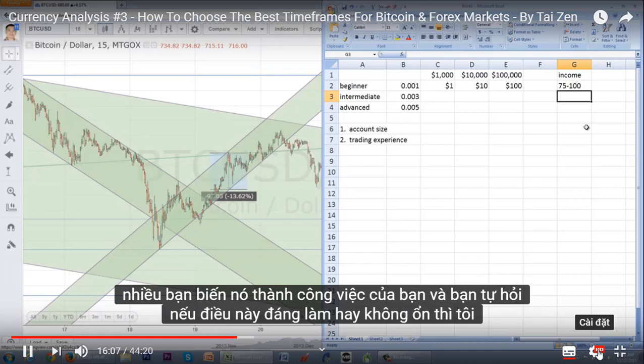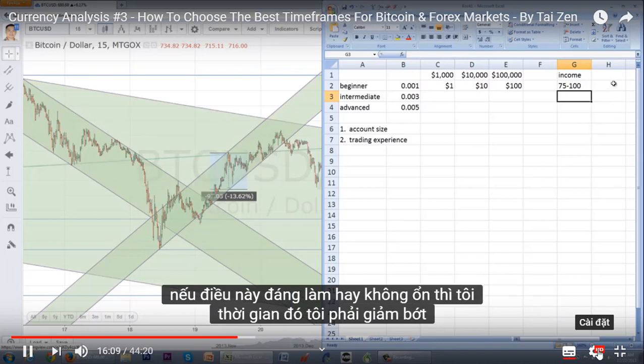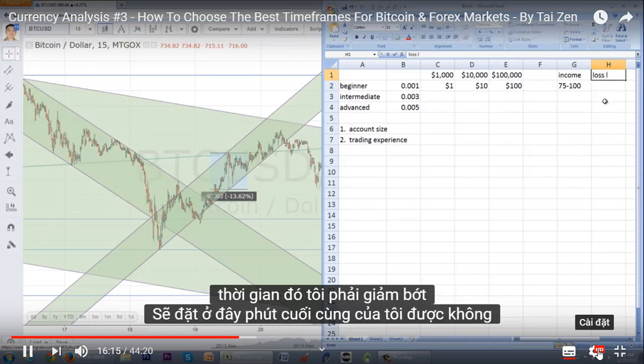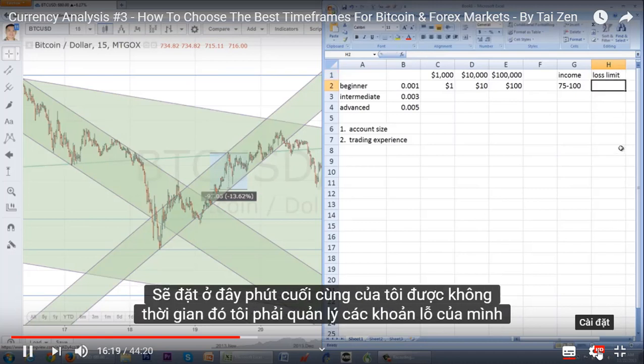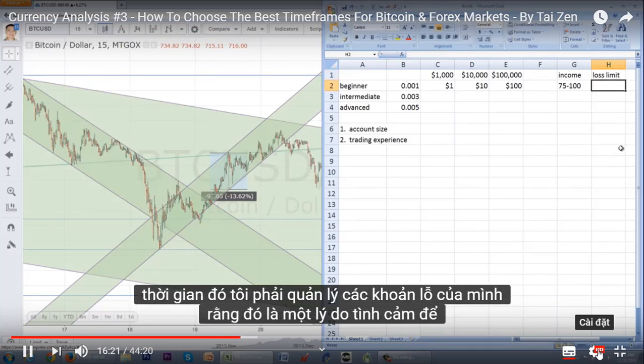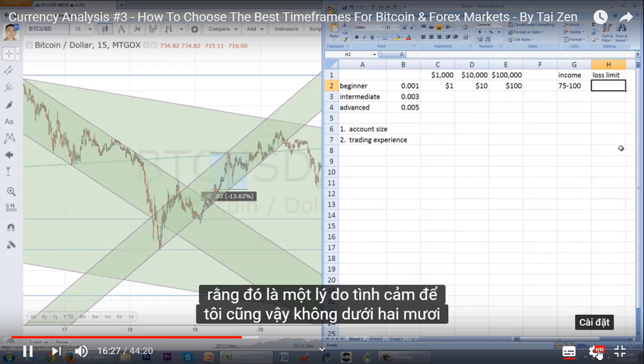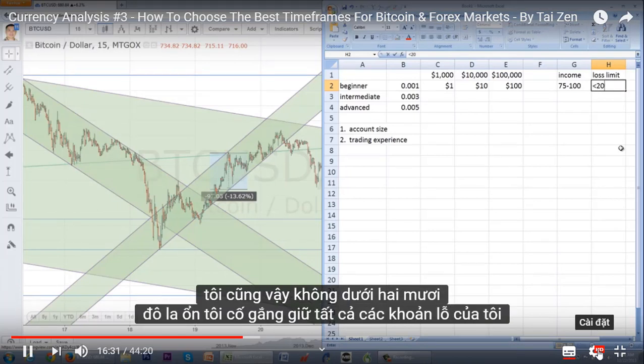So at that time I had to reduce, I'm just going to put here, my loss limit. I had to manage my losses so that it was within an emotional reason to me, which is no more than $20.